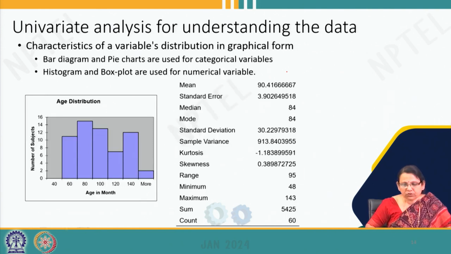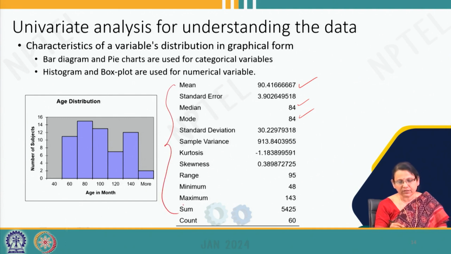So, what we studied so far is the central tendency, then median, mode, and of course standard error, which we did not do, and standard deviation. These are the typical descriptive statistics you can find out from some software. But finding these values is not important. What I am trying to stress is to try to relate it to the real problem.